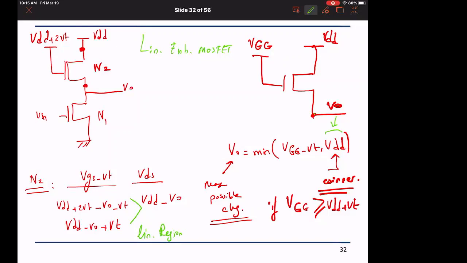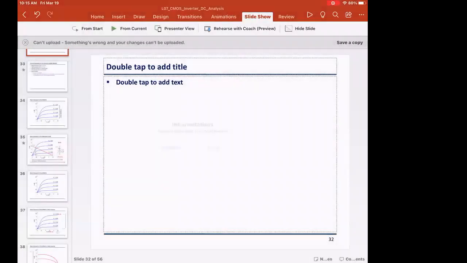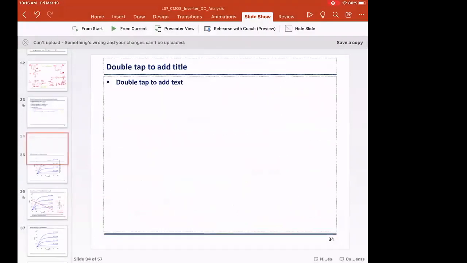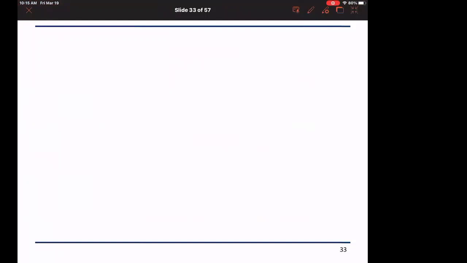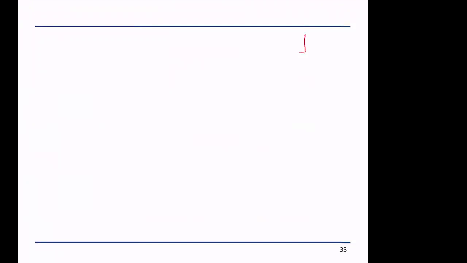Yes. So هلا if I want to look at this same circuit, if I want to look at it when I'm solving for VOL, so I have transistor N2. Okay, this is VDD plus 2VT, and this is VDD.